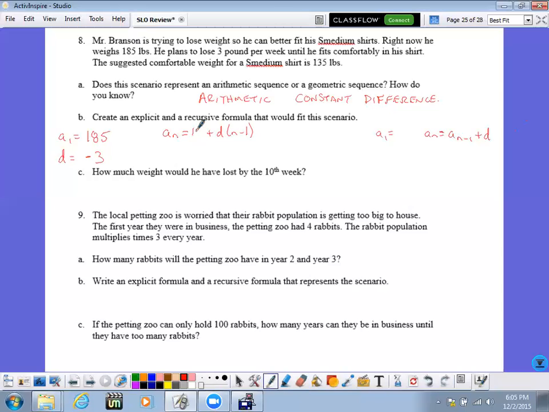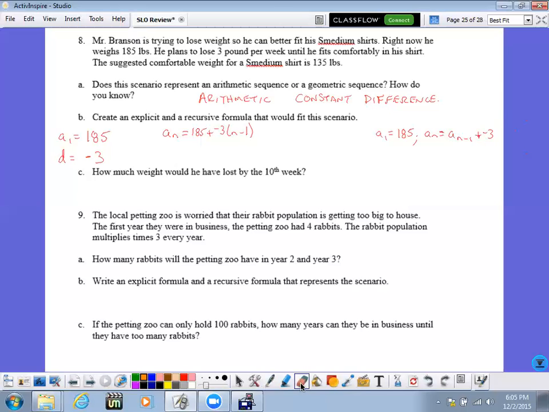My first term is 185. I know my difference. My difference was negative 3. Over here, I know my difference. It was negative 3. And I know my first term was 185. This I can leave alone.